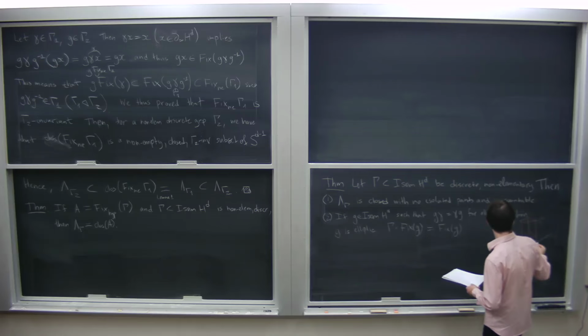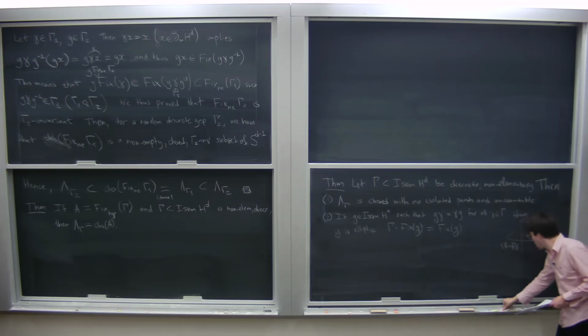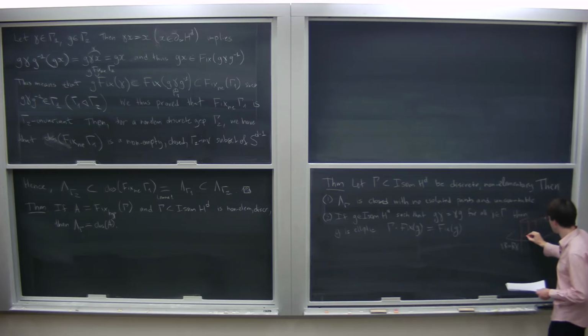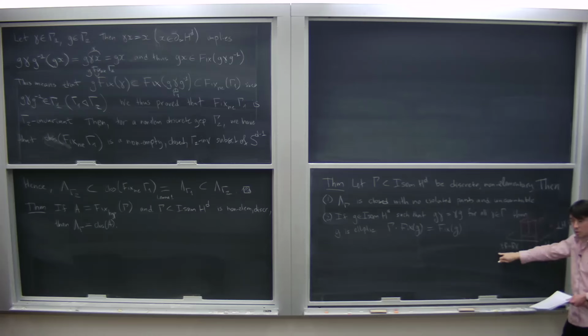And definitely G gamma equals gamma G, since here I have angles equal to pi/2, so these are orthogonal. This is my H, and HJ is orthogonal to H, and this gives me this commuting relation, okay?